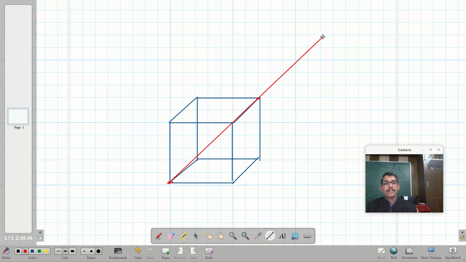If along the body diagonal up to the 1/4 distance, let me call it the 1/4 distance, from there I will draw another unit cell this way.